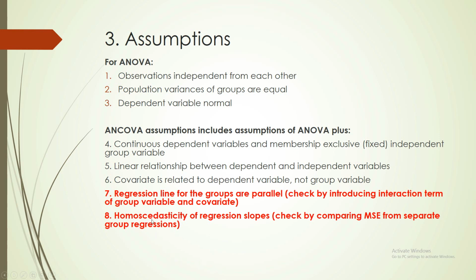Homoscedasticity just means that if we have a line and there are dots of the outcome variable around this regression slope, these dots must have relatively equal distance between themselves and the line. Okay?